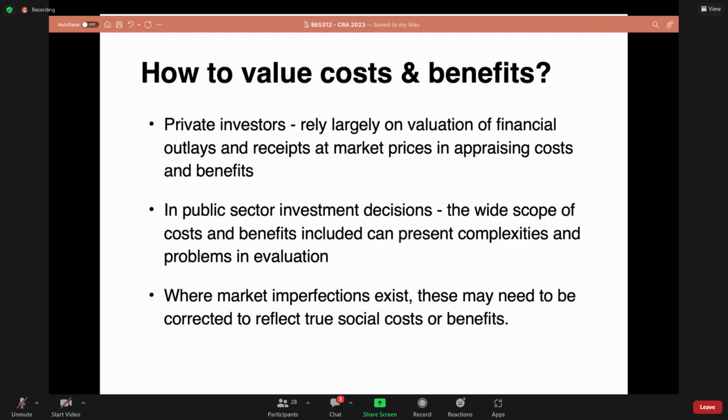And sometimes there are no market prices available either. Things like travel time savings are not priced in the open market, so we have to assign some value to that.